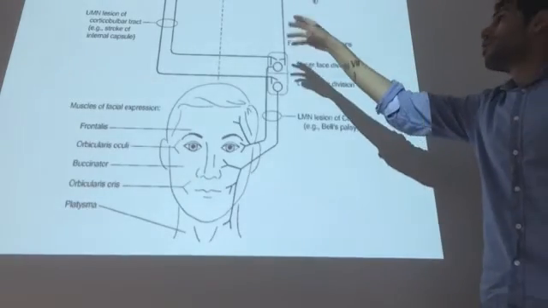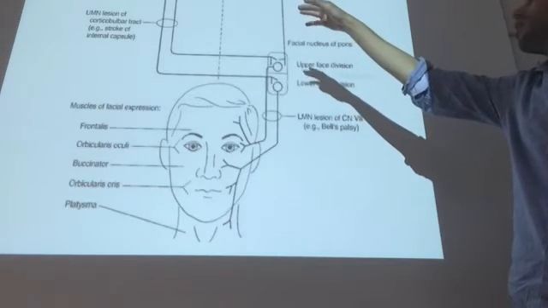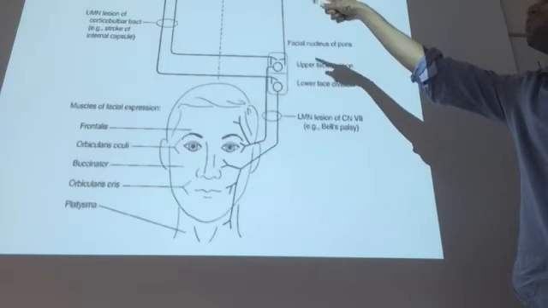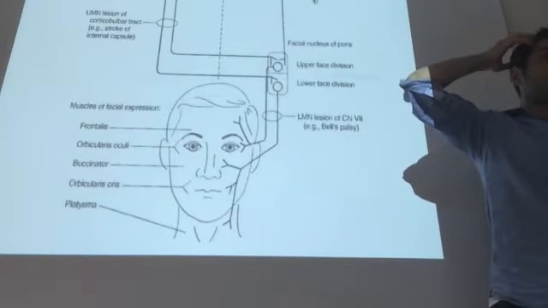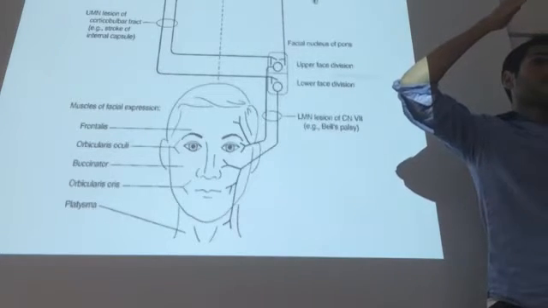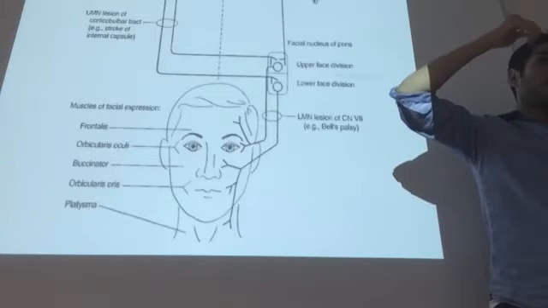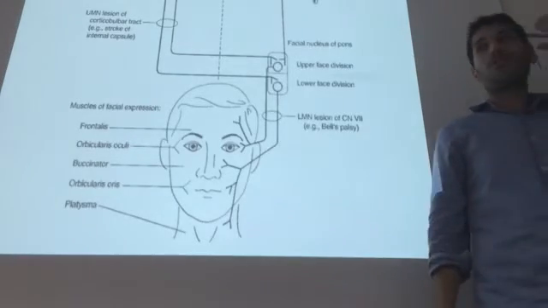So the upper motor neuron comes from the cerebral cortex, the motor cortex of the head, which is before the central sulcus or after, pre or post? Pre-central gyrus.